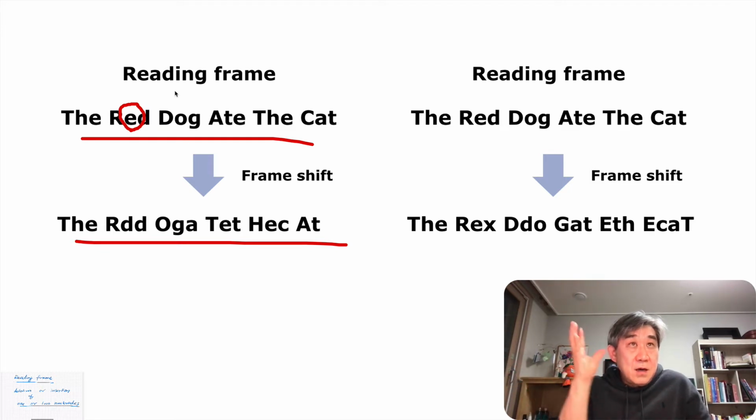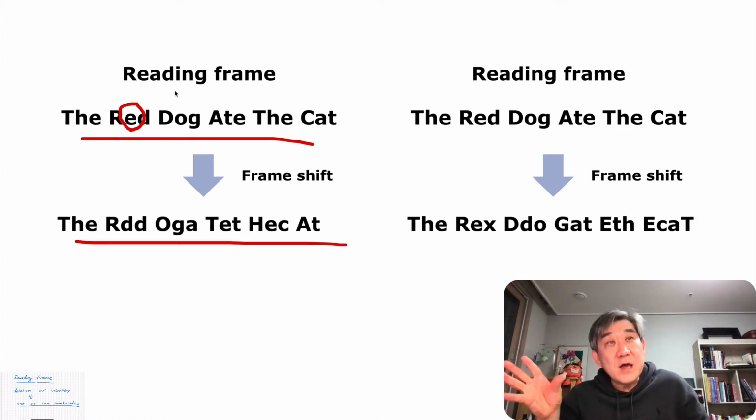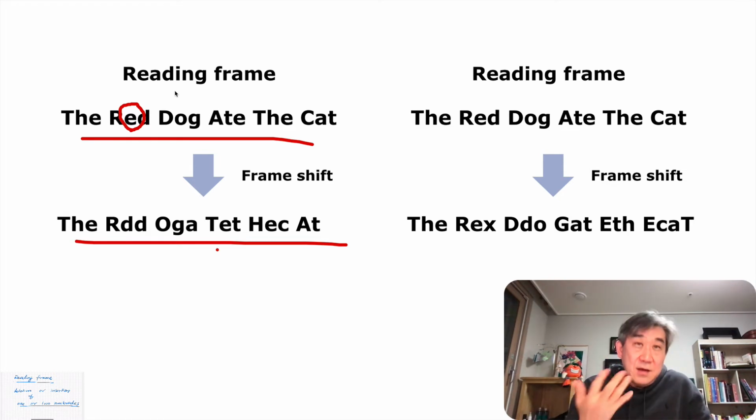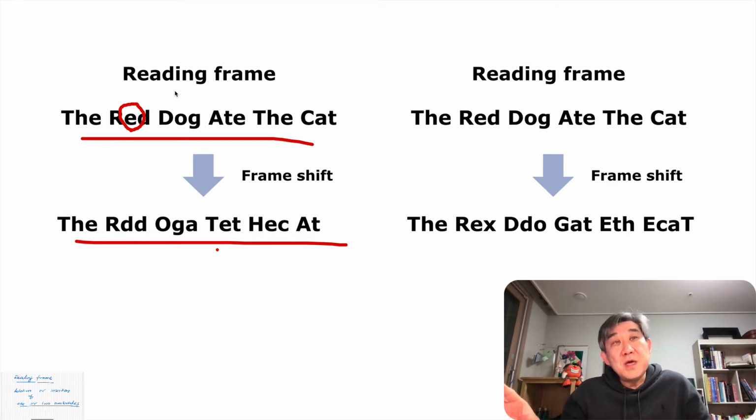Even with the deletion of this one middle E, the system of reading the sentence 3 by 3 just keeps going on. That's why this 3-letter reading frame has been shifted, producing a totally meaningless sentence. So this is an example of a reading frame shift.